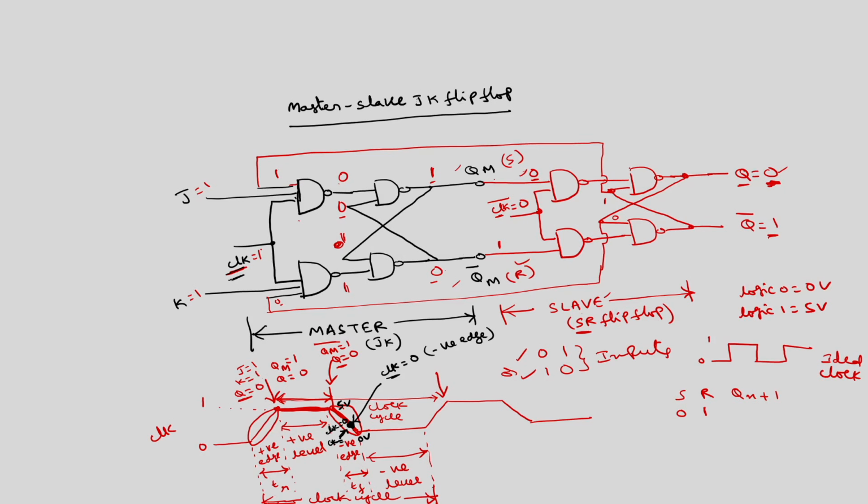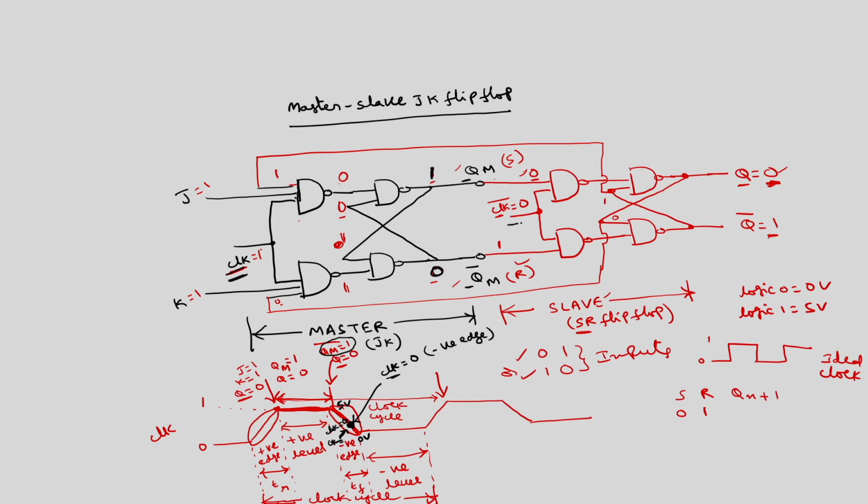This master will be disabled. Disabled in the sense the outputs of this master remain in the previous state. Okay. So, this master has Qm equal to 1. So, Qm equal to 1 remains the same. Qm equal to 1 means Qm bar is equal to 0. So, these two values, this 1 and this 0, will remain when clock is equal to 0.